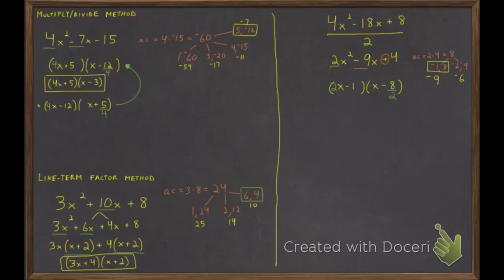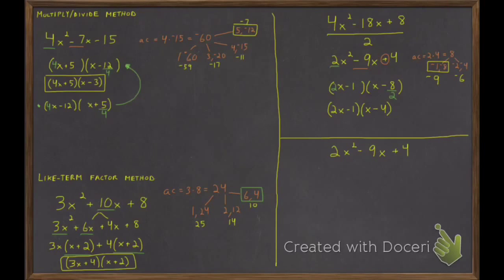So we multiply on the left, we divide on the right. And we finally get 2x minus 1 and x minus 4. When we FOIL, we can see that that indeed does equal the original trinomial that we had.